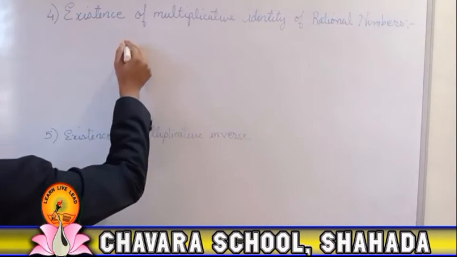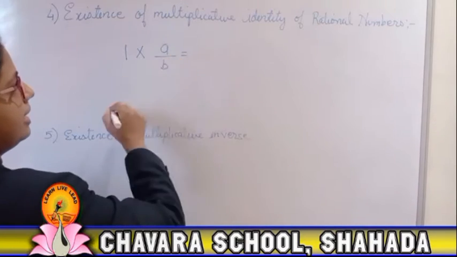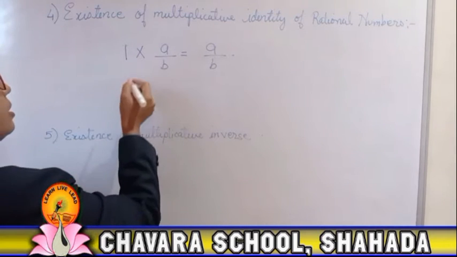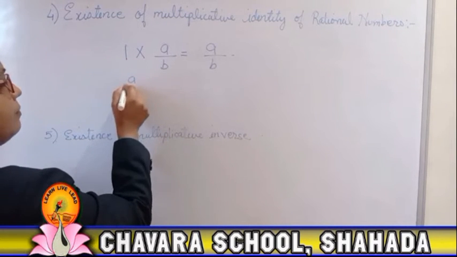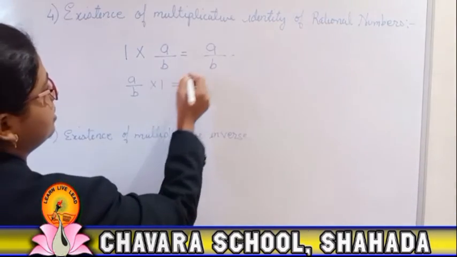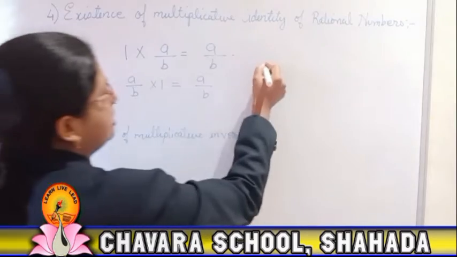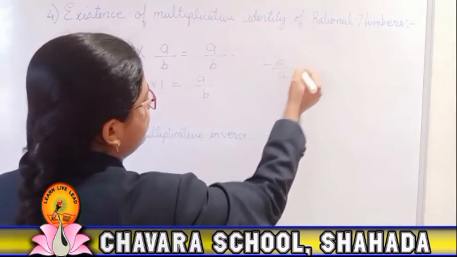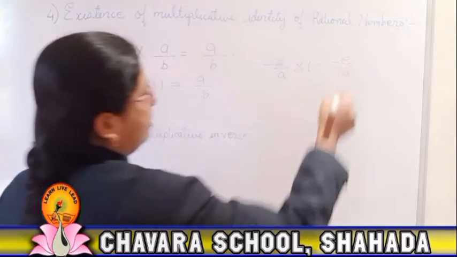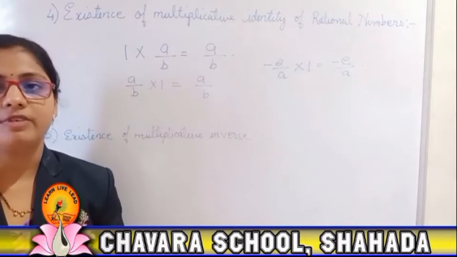If 1 is multiplied by any number, you will get the number itself as the answer. Otherwise, if you multiply a rational number with the multiplicative identity, you will get the same answer. Or you can take any negative number, negative e upon a, multiplied by 1, and we will get negative e upon a. So this is about the multiplicative identity of rational numbers.